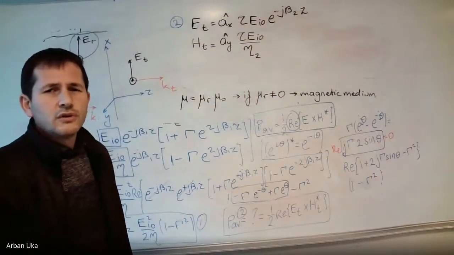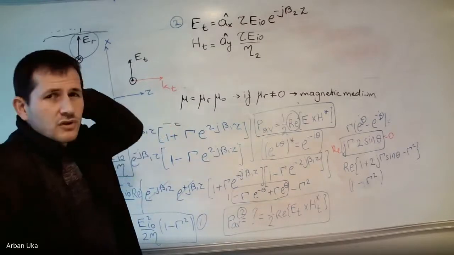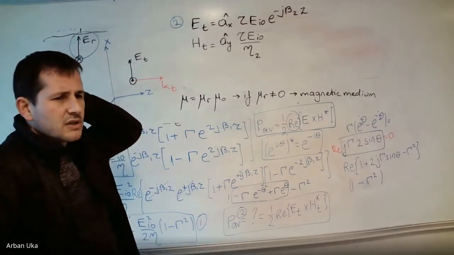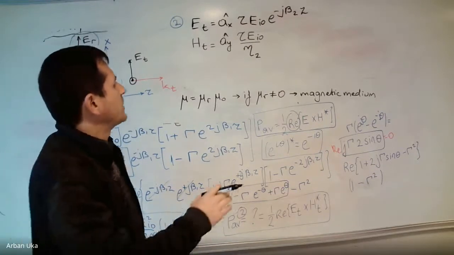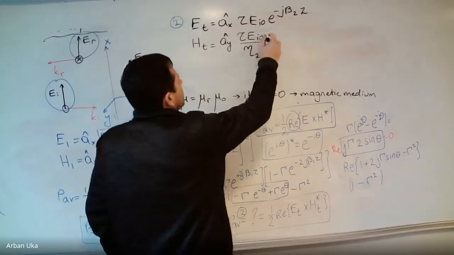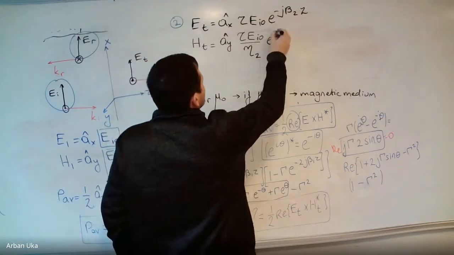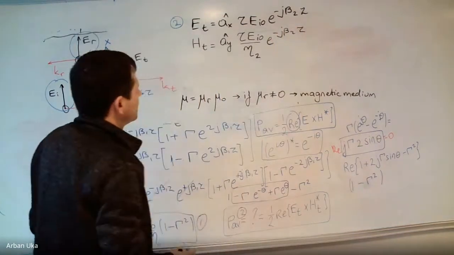Often we don't get a magnetic medium, which means that most of the time, depending on the problem of course, we just change the permittivity. If we change the permittivity, we change the index of refraction and other important parameters. And essentially, we also change this intrinsic impedance. And we move ahead, we say this is e to the power minus j beta 2 z.